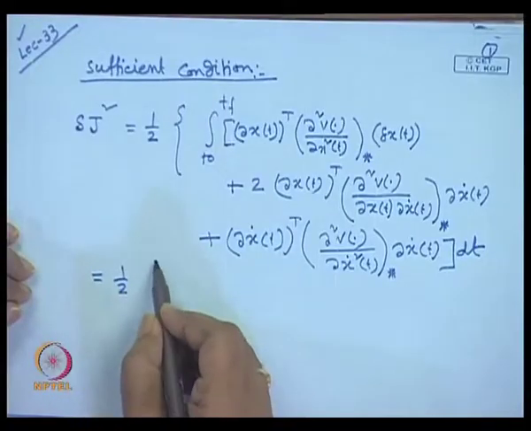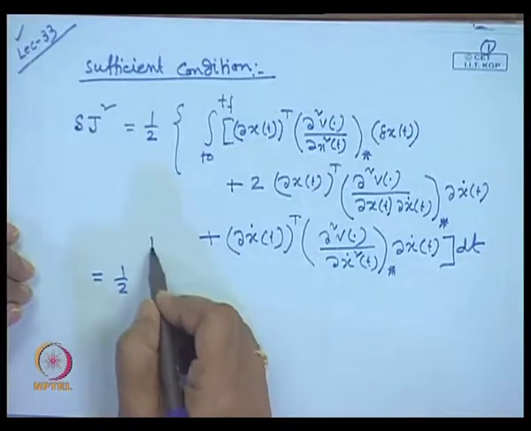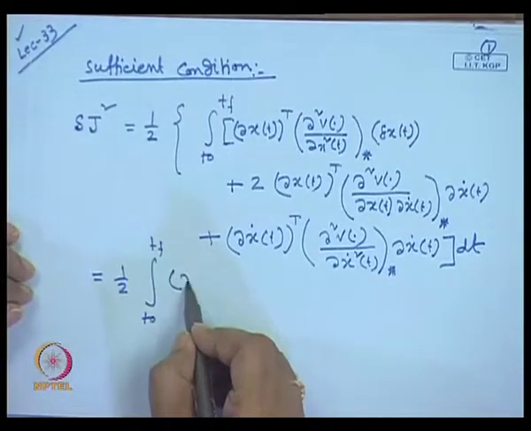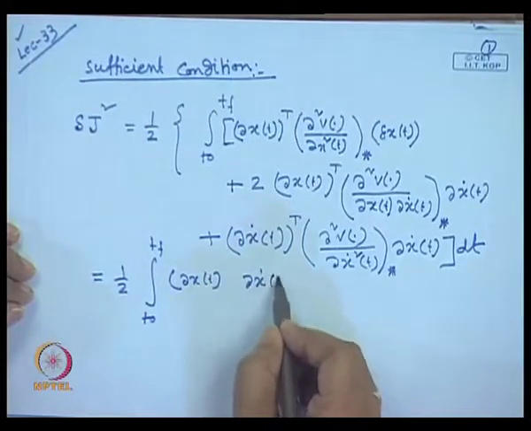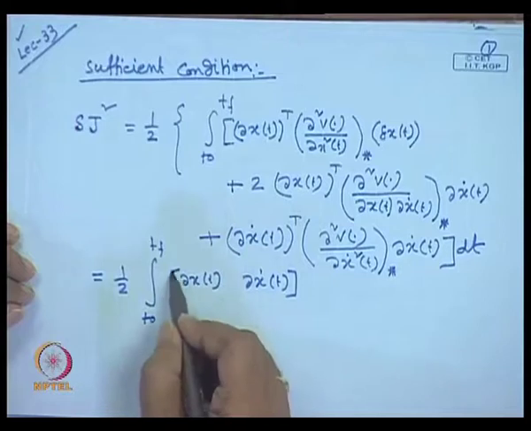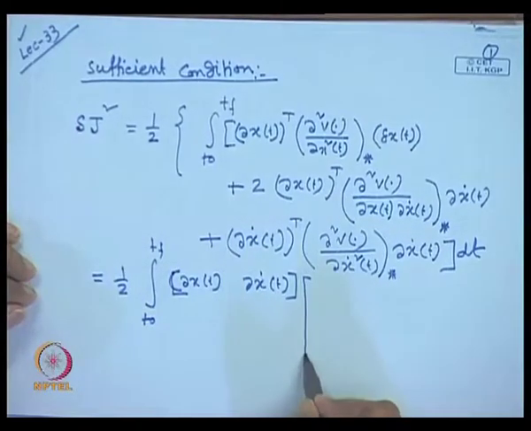So, how are we writing this one? You just see this integration from t0 to tf, then we have delta x of t, then delta x dot of t. This is the matrix form, you write it in vector form.